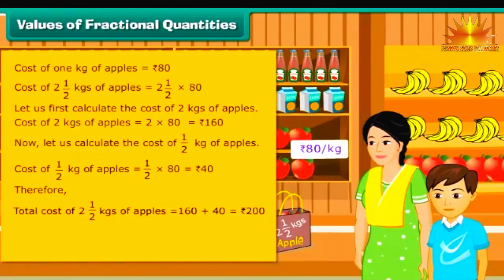Therefore, total cost of 2.5 kgs of apples is equal to 160 plus 40, which is equal to Rs 200.